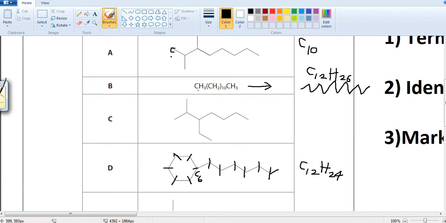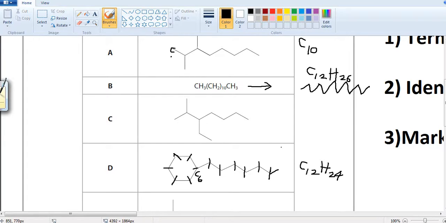Since it is a straight chain molecule and there is no double bond, it is normal that the molecular formula of this one and this one might not be the same. Remember one thing: cyclic organic compounds have a formula that matches the alkene formula.